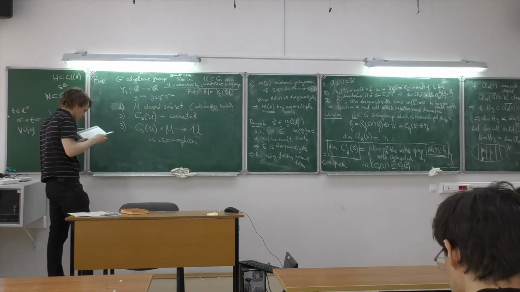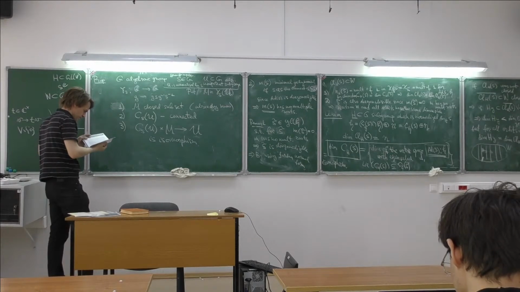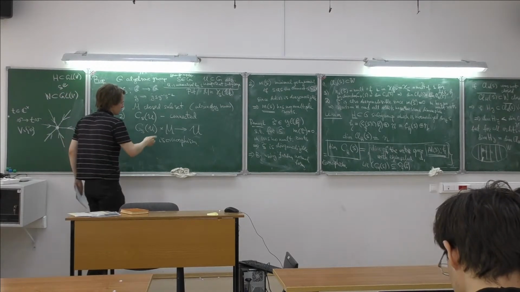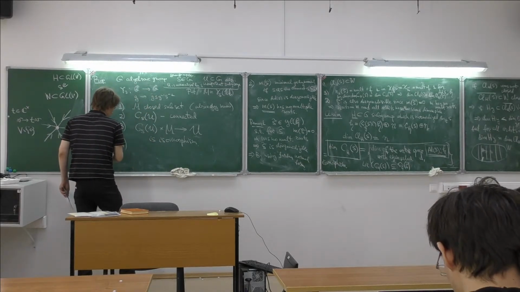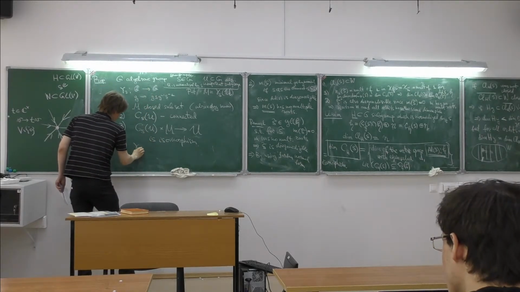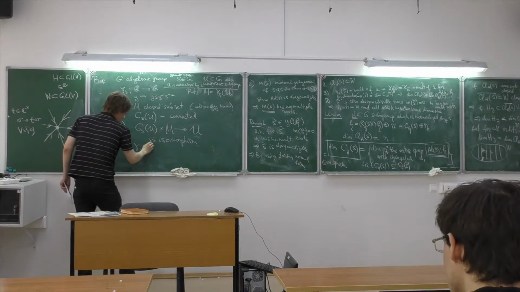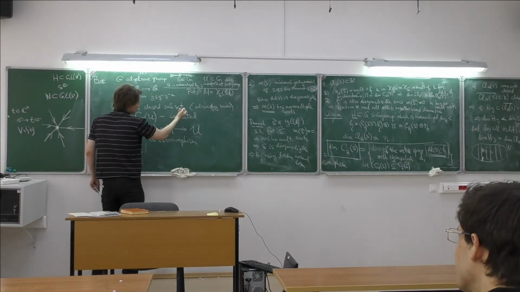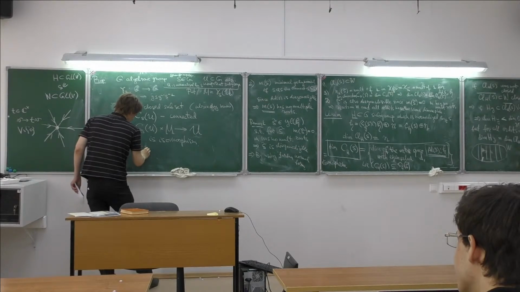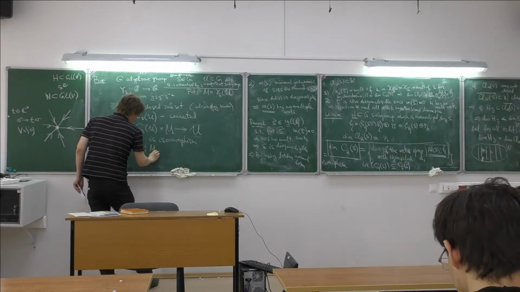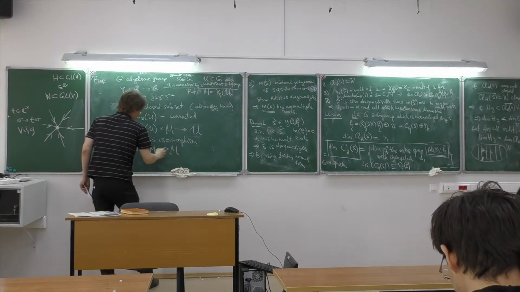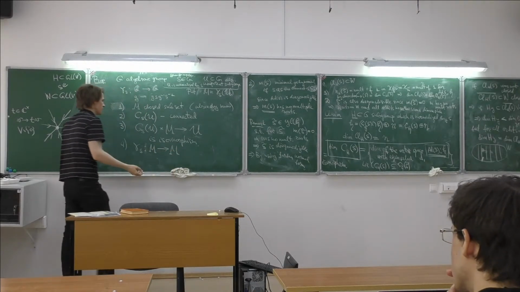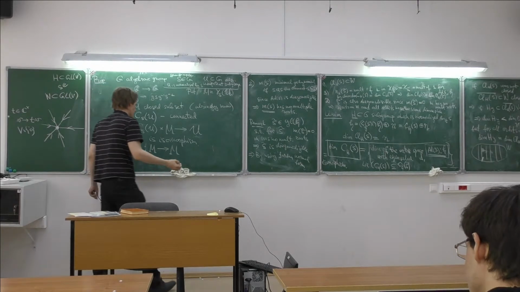And what is also important here is that gamma S, if you restrict it to M, maps M into M, and the claim is that this is a bijective map.